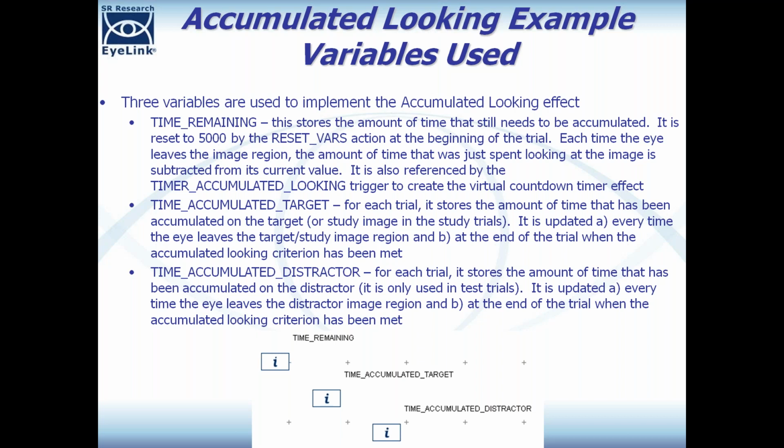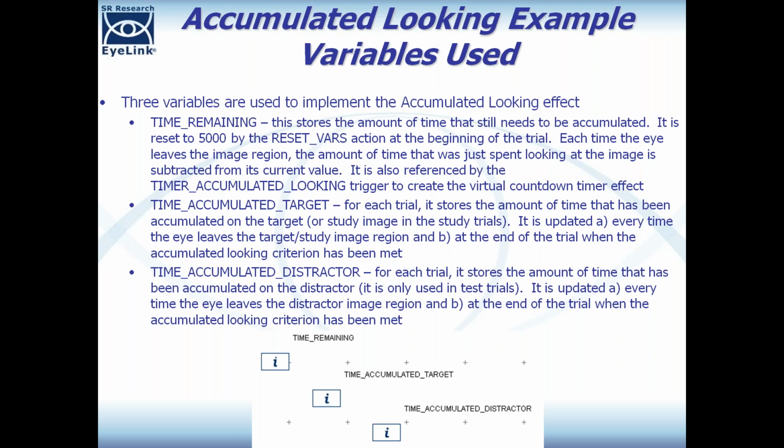Okay, so the second variable is called time accumulated target. Since we're doing all this checking of the gaze position in order to implement the accumulated looking effect, we might as well also log how much time the participant has spent looking at the target and the distractor. This isn't super useful in the study trials because the time accumulated on the target should always end up being about 5,000 milliseconds, because that's the amount of time they need to accumulate before the trial ends.